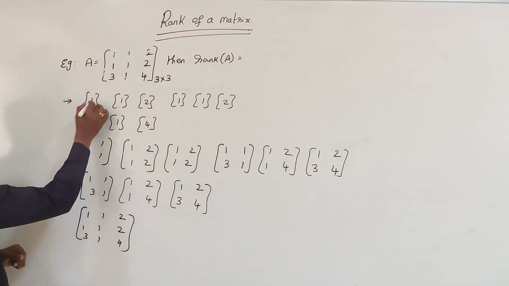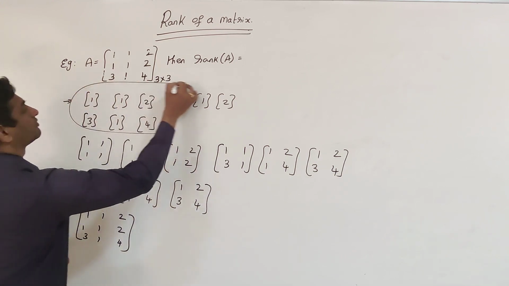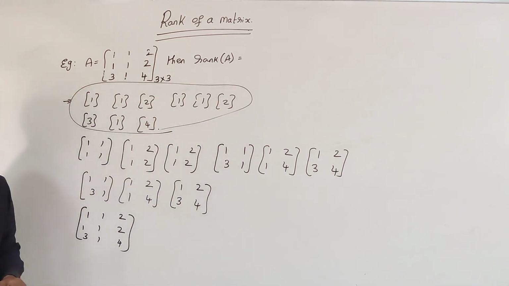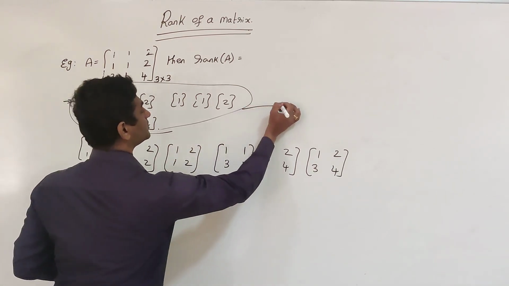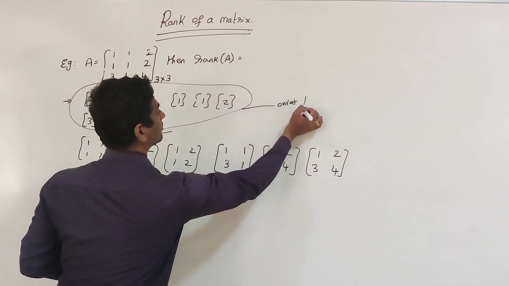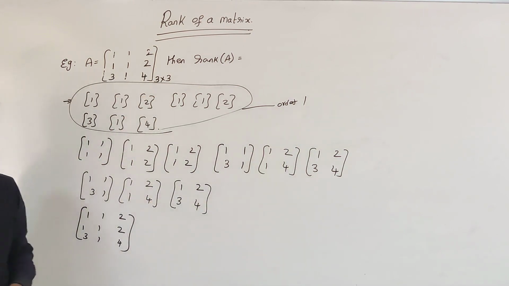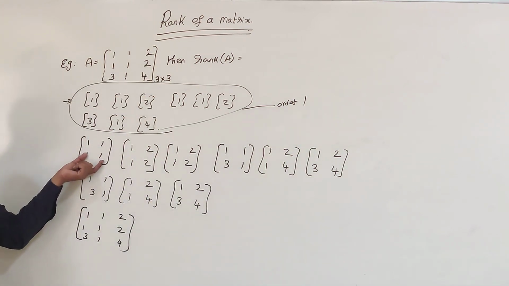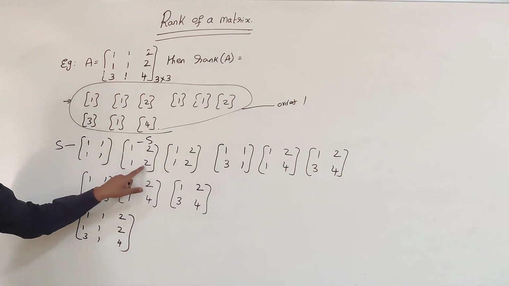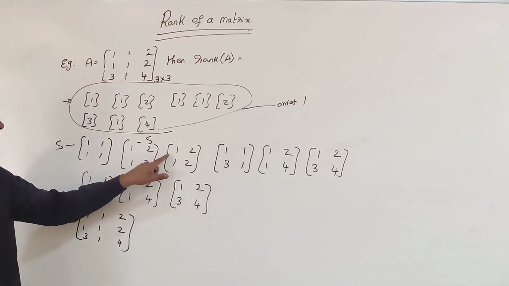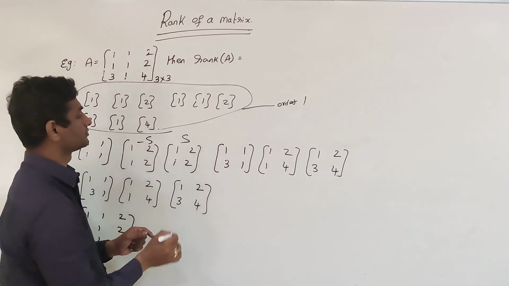All the single elements are non-singular, because their determinant is not equal to 0. So order 1 is non-singular. Next, this is a singular matrix. Why? The determinant is 1 minus 1, which is 0. Here also singular, 2 minus 2 is 0.